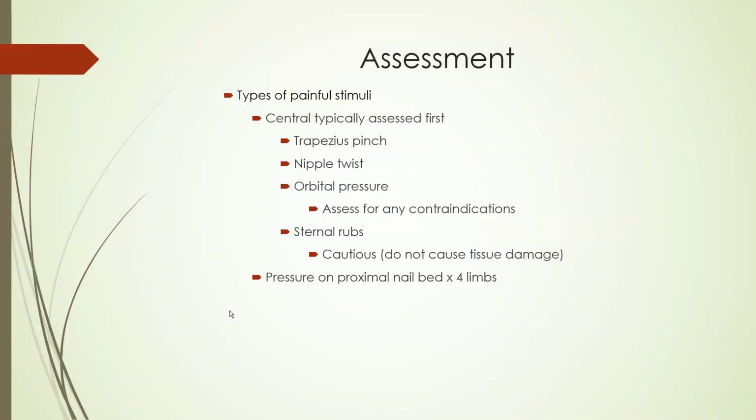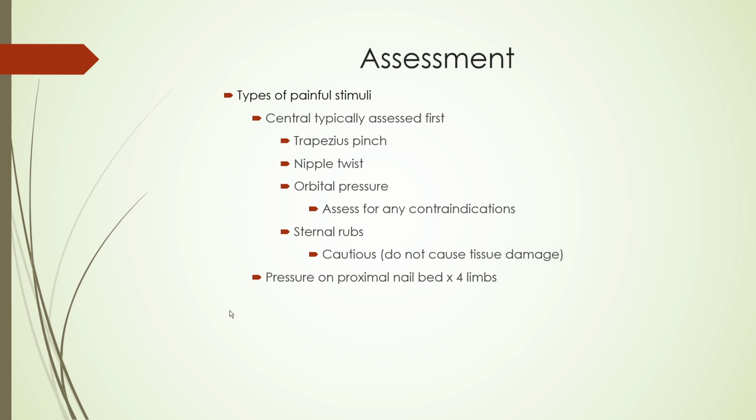Orbital pressure is another one. There may be contraindications, especially if the patient has fractures or any kind of facial damage, so that may not be used. It used to be that a sternal rub was the standard for painful stimuli. It's not always used first anymore.